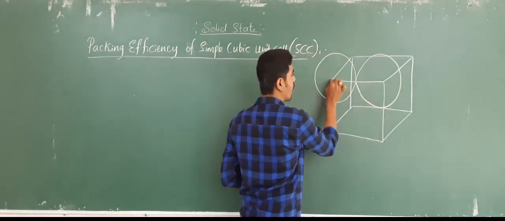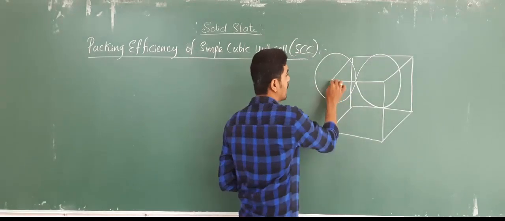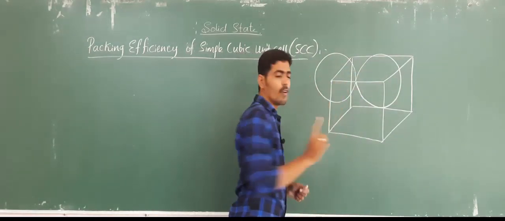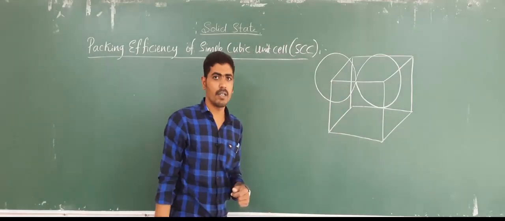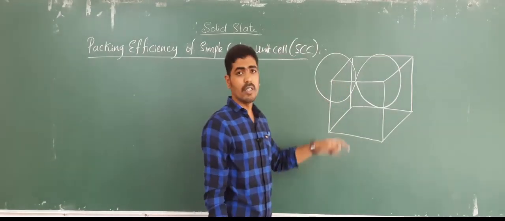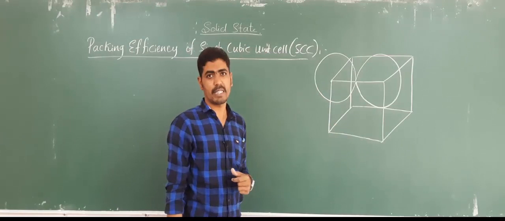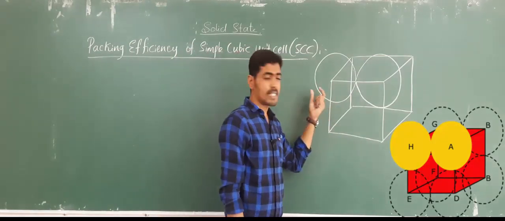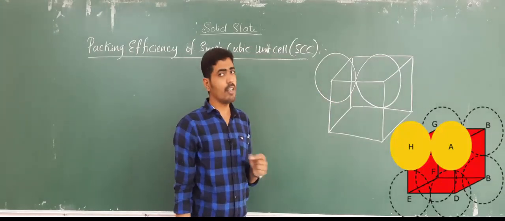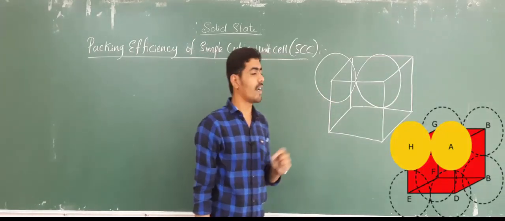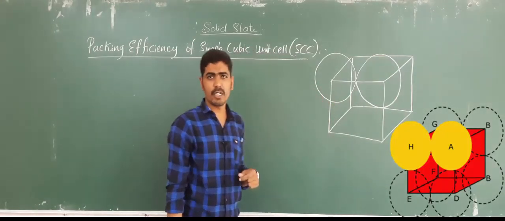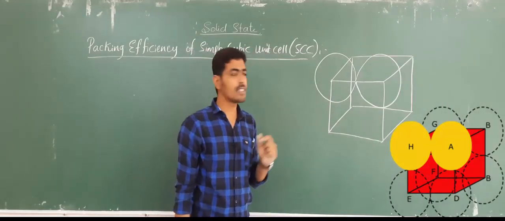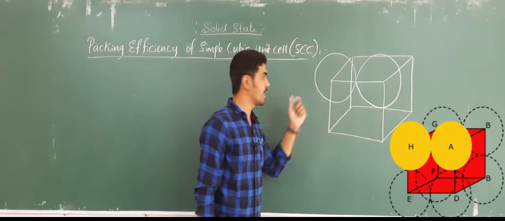So this is one corner. Here I will draw one sphere, because at one corner one particle will be present, and I have used the space filled representation here. I have not represented it by open structure, but instead I have used space filled structure, where I represent the particles in the form of spheres.